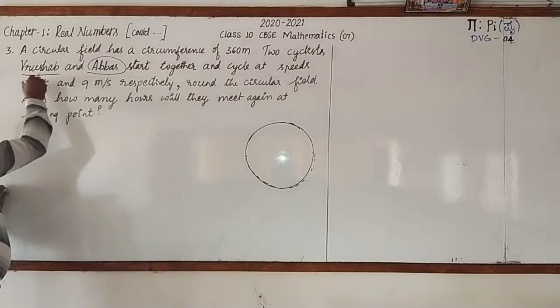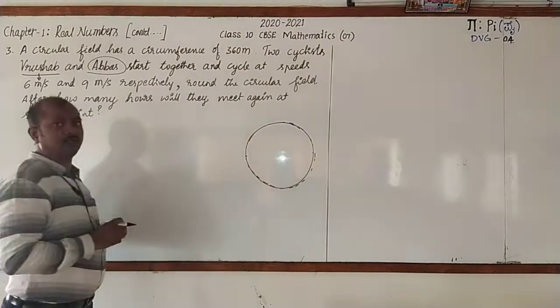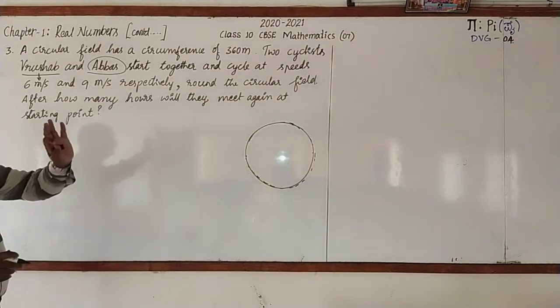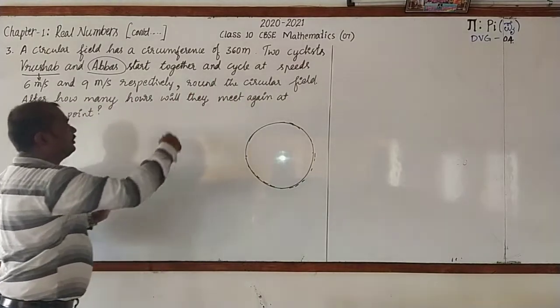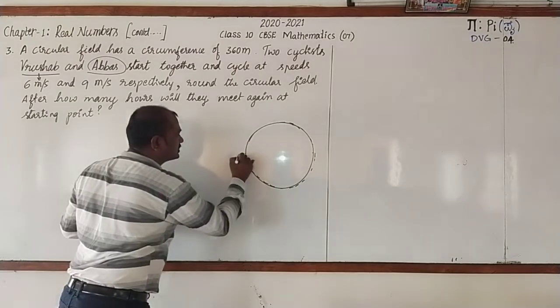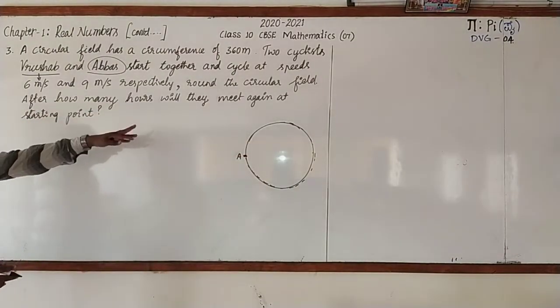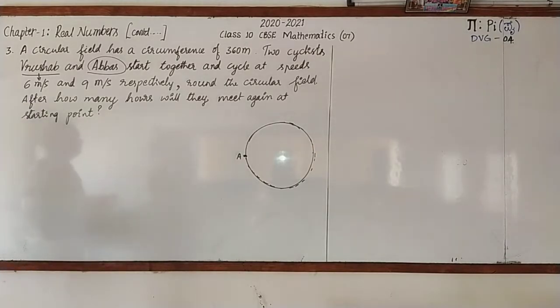That means Rushabh will cycle with a speed of 6 meter per second and Abbas with a speed of 9 meter per second around the circular field, as they start moving from this point. Next, after how many hours will they meet again at the starting point?